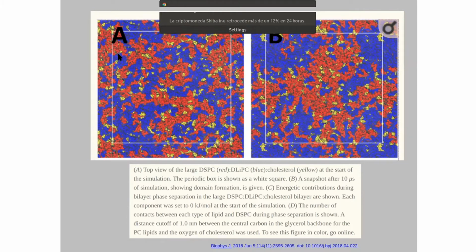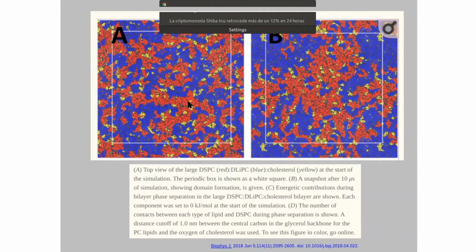This was an homogeneous distribution, and you see how the phospholipids are mixing, forming domains, and how the esterols become established at the borders, the interfaces of these domains.